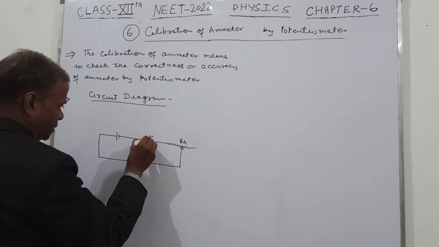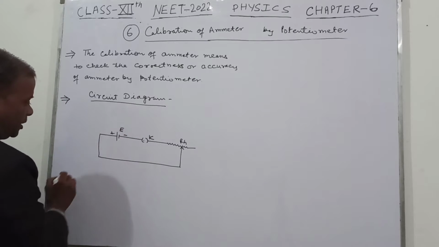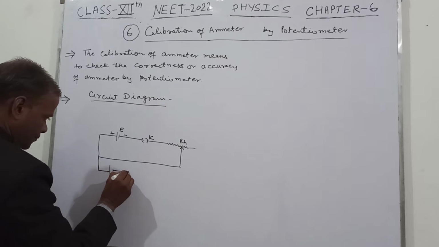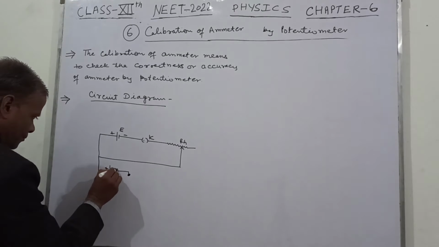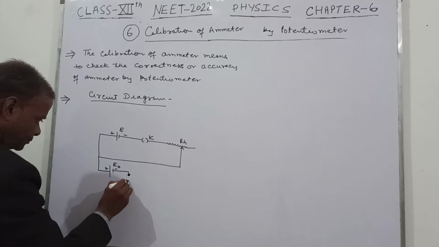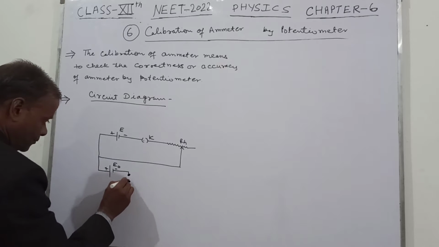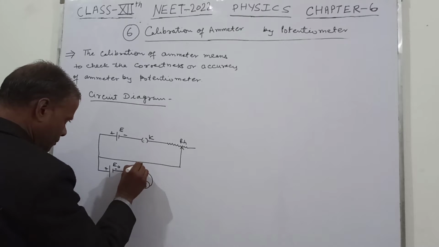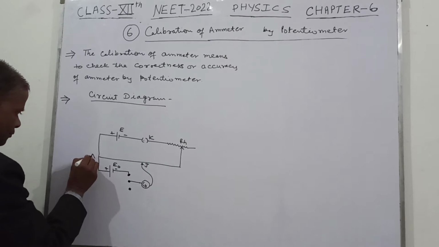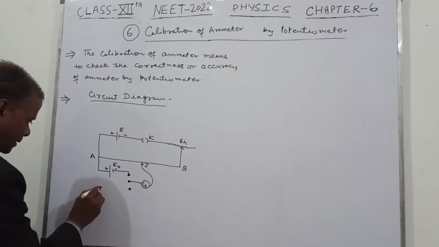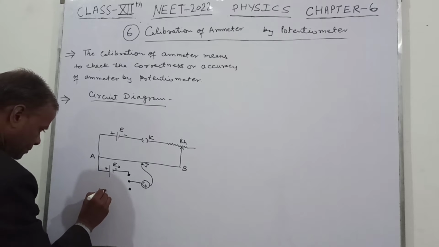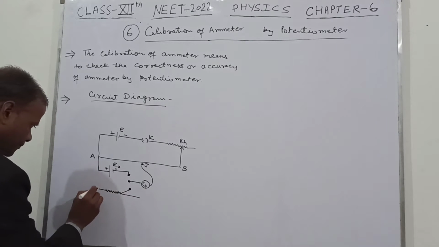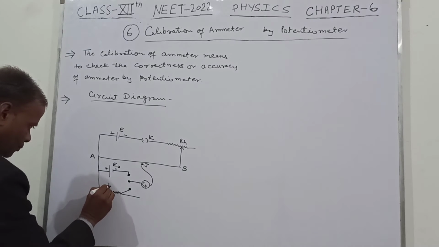RH, this is now K, EMF E, it's EMF E naught, this is the galvanometer, this is Jockey J by AB, and this is the 1 ohm resistance.